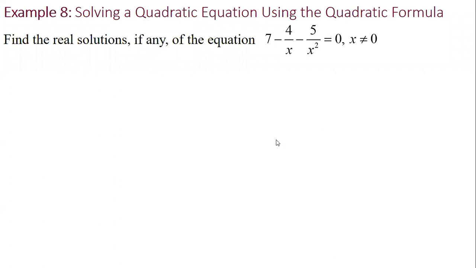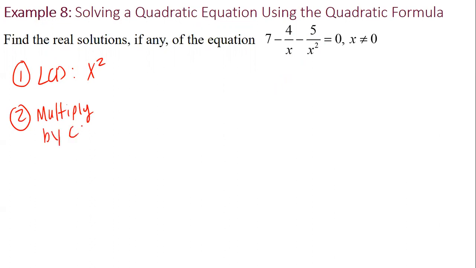All right, I'm back. So when you have a variable in the denominator, the main thing is they're going to be the same variable. So your LCD is going to equal the variable with the highest exponent. So what's my LCD here? X squared. So that's your LCD, step 1. Step 2 is to multiply each term by the LCD.